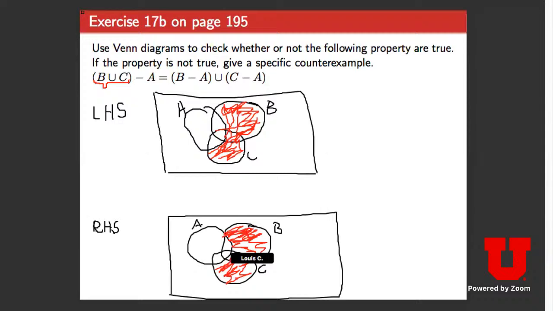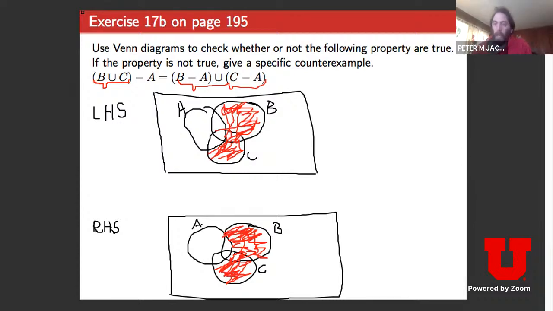And these two combined would just be this whole region, right? If I understand that correctly. Yeah, the union just puts them together. It's all of that together.